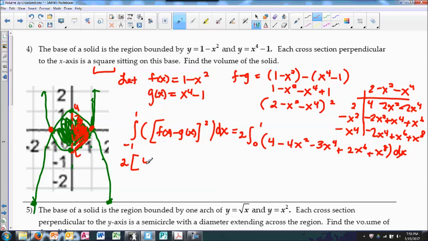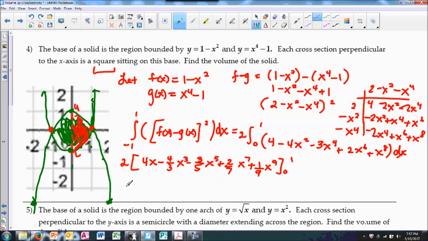Then I would get 4x minus 4/3 x cubed minus 3/5 x to the fifth plus 2/7 x to the 7th plus 1/9 x to the 9th, but from 0 to 1. Since this is a polynomial, substituting in 1 and then 0 gives us a 0 for the bottom part.